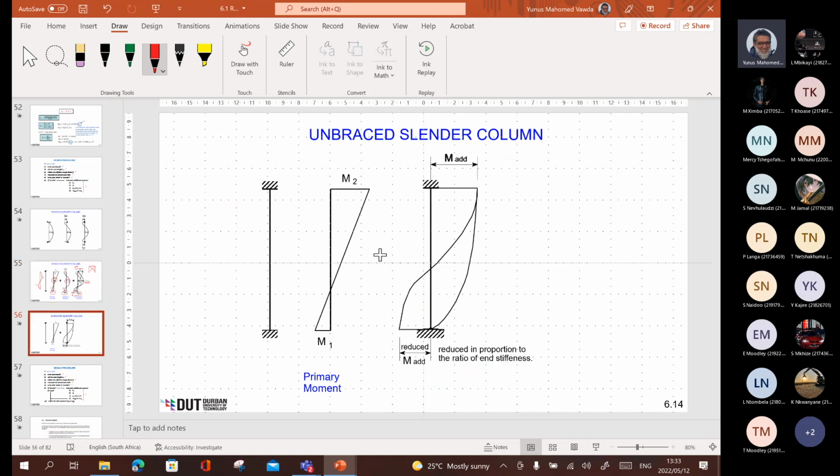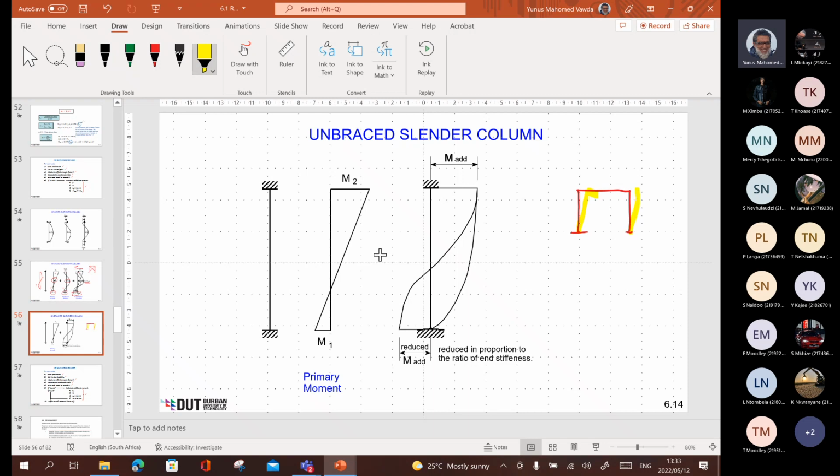And when it's unbraced, now you know from sway structures, you're expecting qualitative deflected shape one way or the other to look like that. Sorry, to look like that, I should have used another color there for the deflected shape. So it's going to deflect like that and deflect like that.